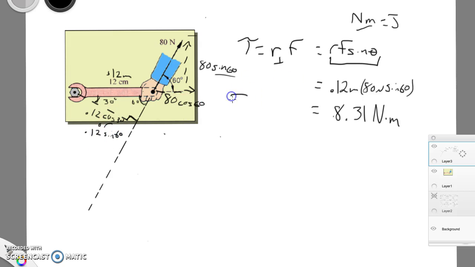Okay, so we get the same thing. Torque equals perpendicular radius, 0.12 sine of 60, times 80 newtons, and the same three things we multiplied here will end up with 8.31 newtons times meters again. And there you go, that's torque.